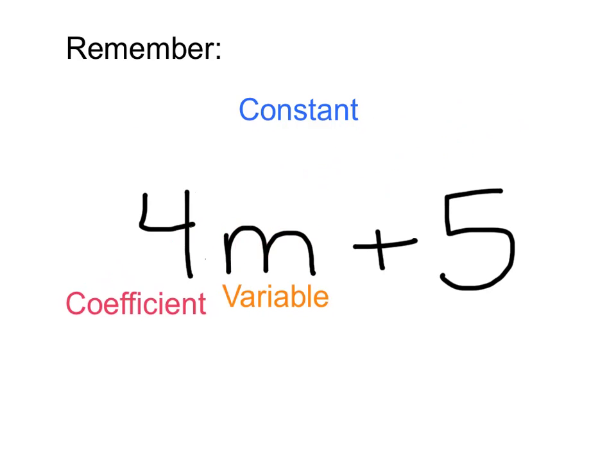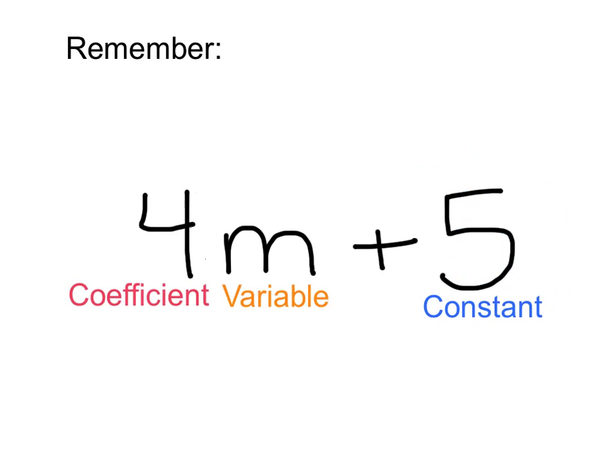My coefficient is the number before my variable, saying that I have 4 m's, or m plus m plus m plus m. And then last but not least, I need to know that my number that does not have a variable is called a constant. No matter what value my variable is, my 5 will always be 5 ones.